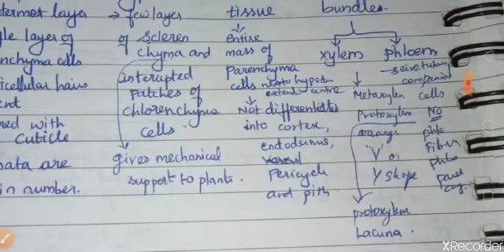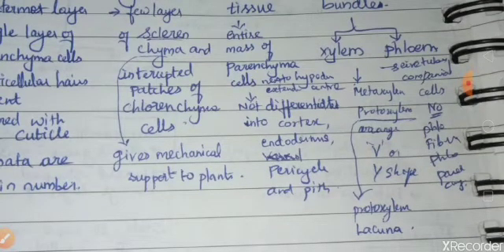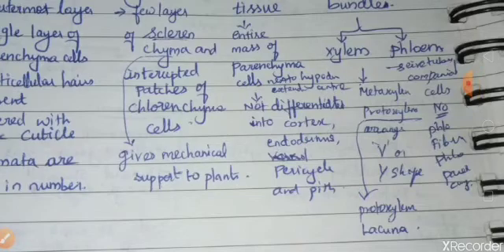On two sides you have metaxylem, and in between you have protoxylem that shows a V shaped structure. Under the protoxylem a large empty cell will be present, but it's not actually empty, it is filled with water. So it is called protoxylem lacuna.